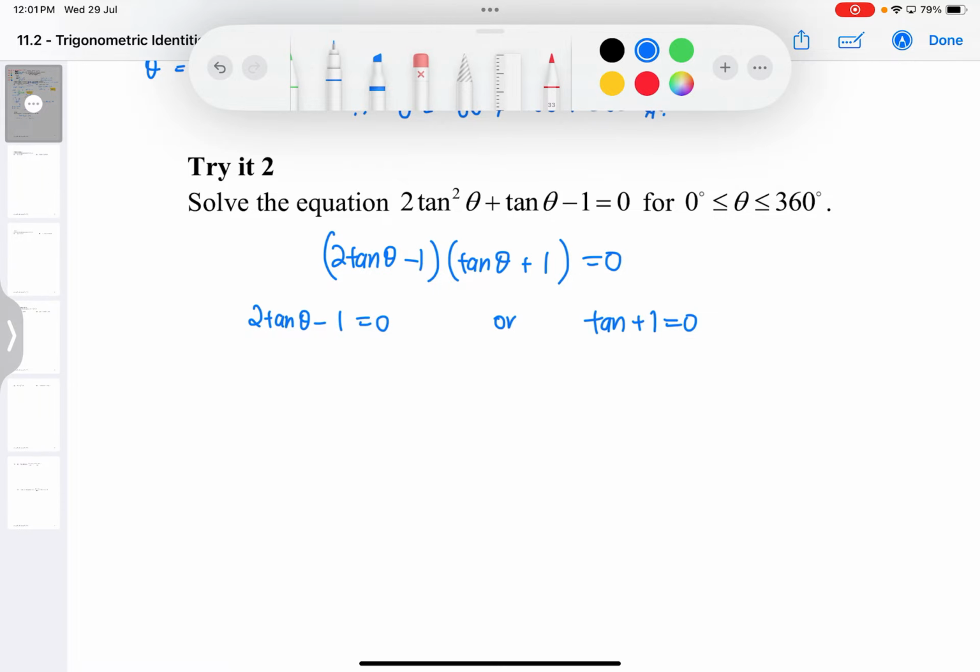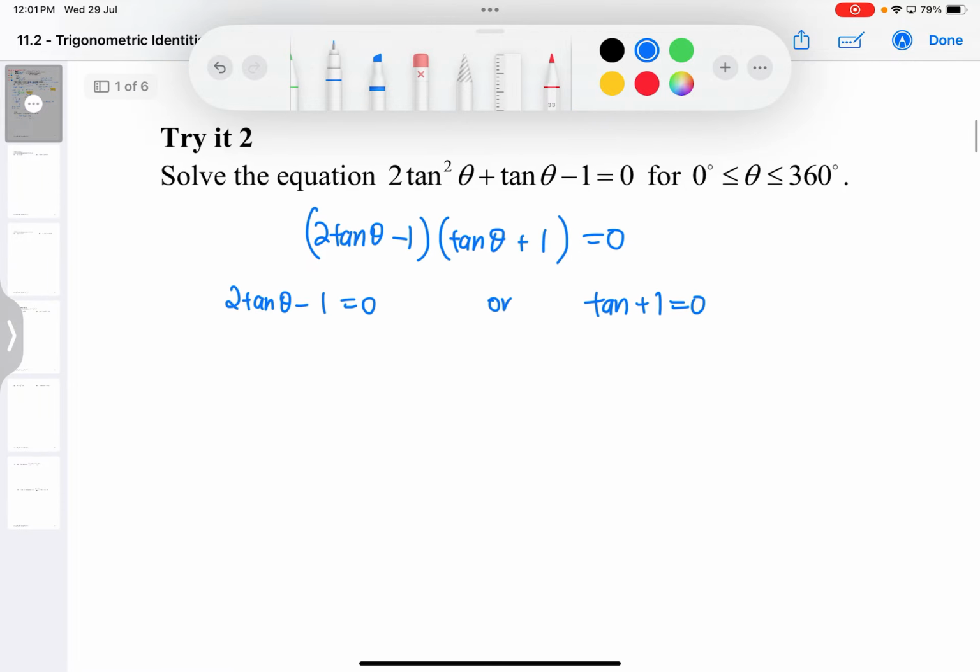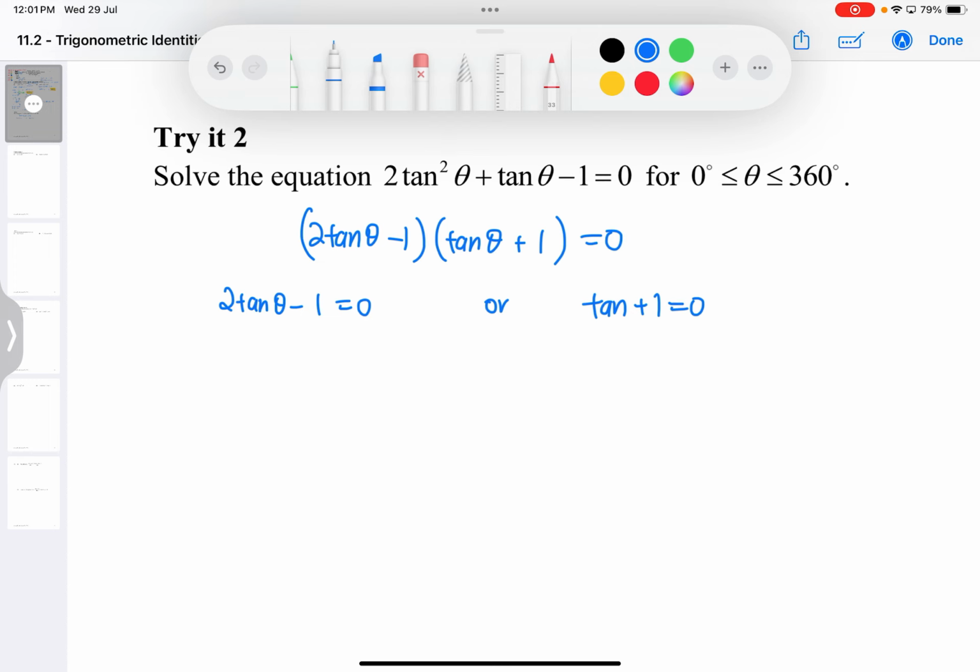After you factorize, you break it out into two trigo equations, and then isolate the function. Forget about the theta.